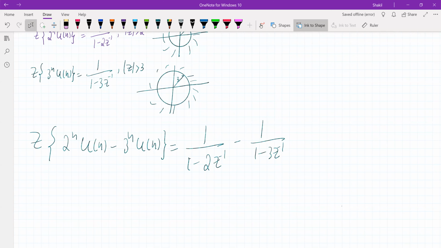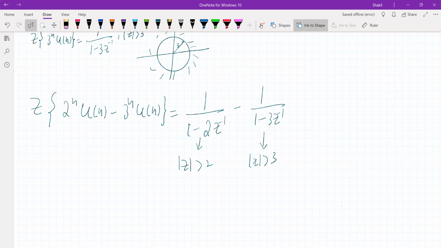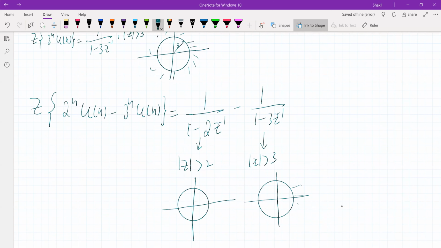You can simplify it, and the region of convergence is magnitude of Z greater than 2, and magnitude of Z greater than 3, then only these two exist. And I said the region of convergence is the intersection of the two regions. Now you can see the ROC of this is outside the circle of radius 2, and the ROC of this is outside the circle of radius 3.